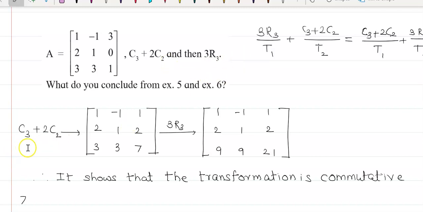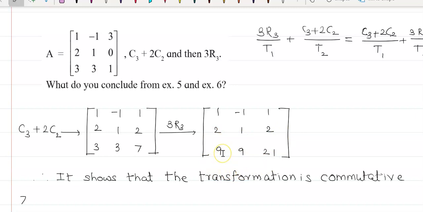Then we get 1 minus 1 1, 2 1 2, 3 3 7, and with 3 times R3 we get 1 minus 1 1, 2 1 2, 9 9 21.